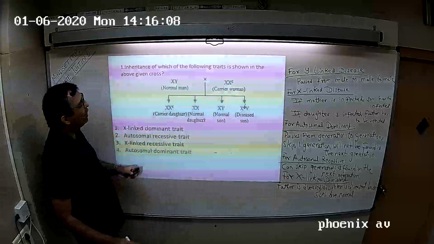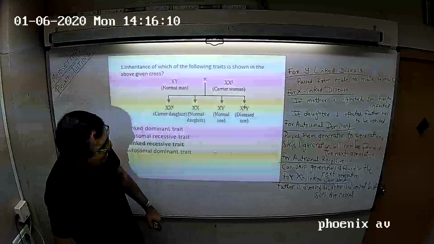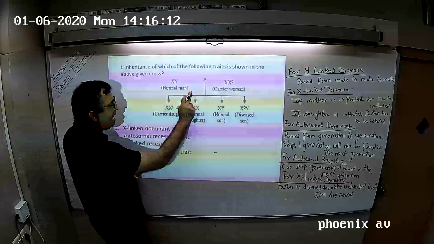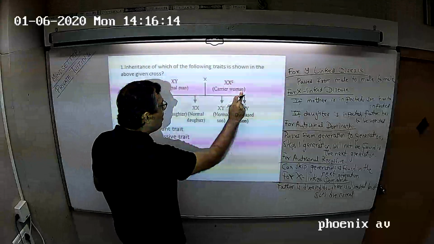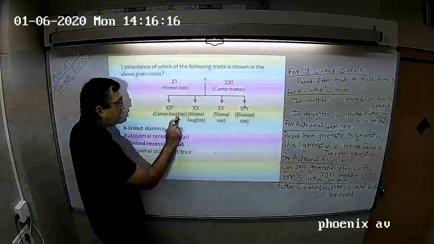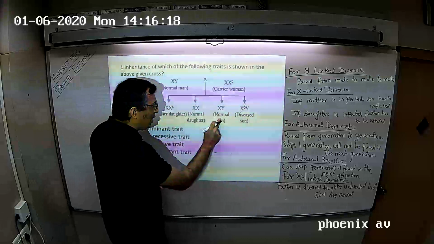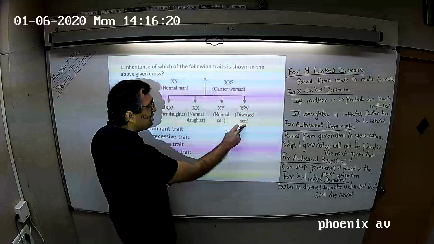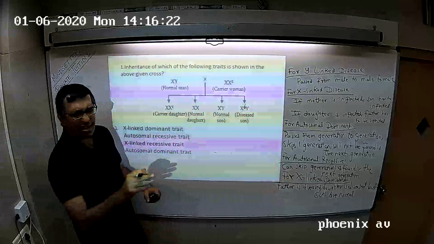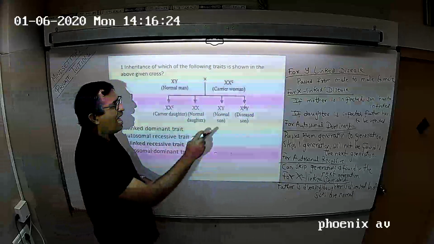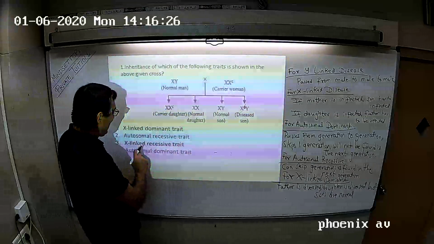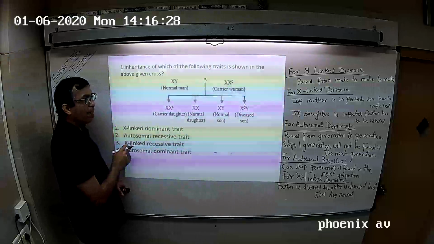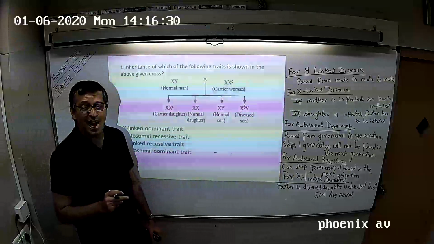And which pattern of inheritance do we have here? Male is normal, woman is carrier, daughter is carrier, son is normal, son is diseased. So this is a classical example of X-linked recessive disorder. For example, color blindness.